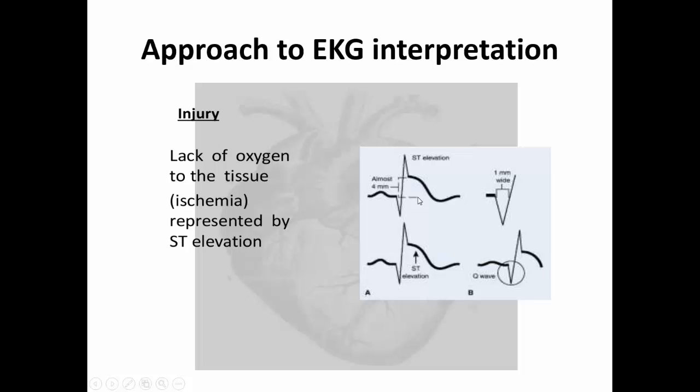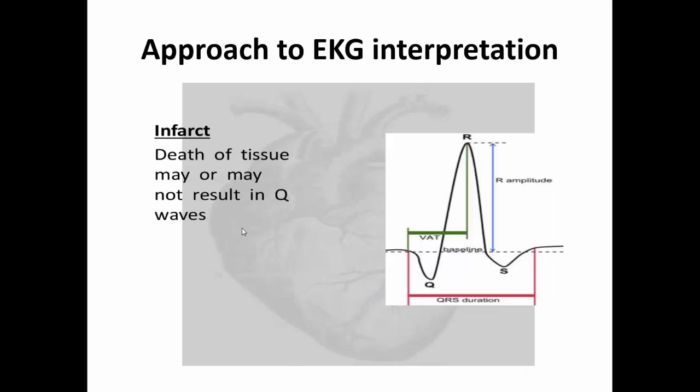When you get this damage, you see ST elevation on your EKG. Once the injury has progressed to an infarct, death of tissue, then you get a Q wave. A Q wave is a downslope before the R wave. That's what the Q is in the QRS. In general, you don't see much of a Q wave unless there's been a heart attack in the past.